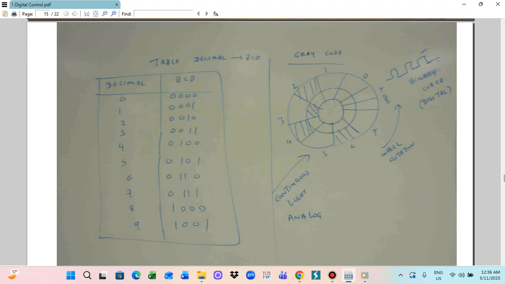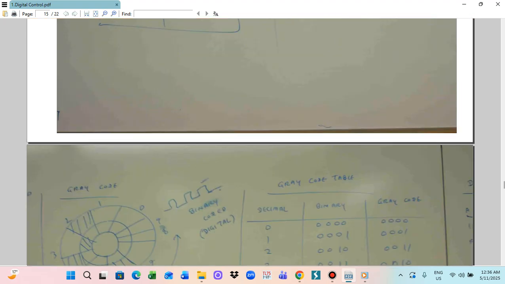So this is the conversion between BCD and decimal.